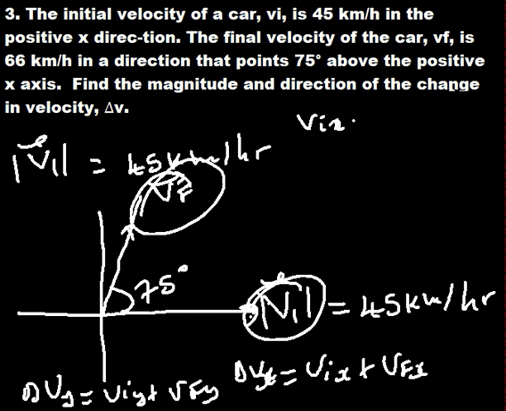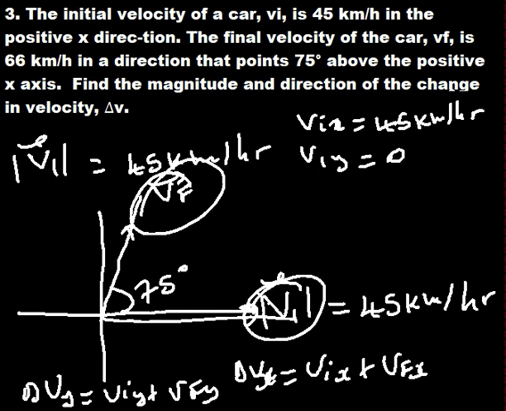So v1x is given as 45 kilometers per hour. That is the x component, because the vector is already in the positive x-axis. How about v1y? It will be 0, because the vector is already horizontal on the x-axis.